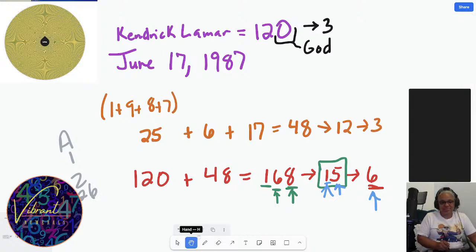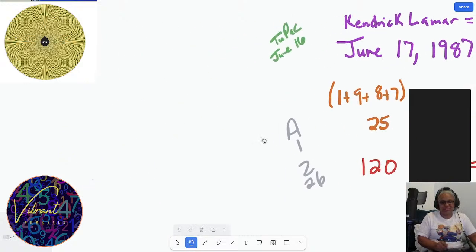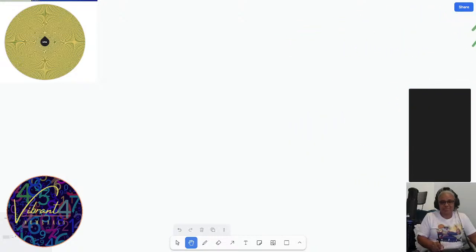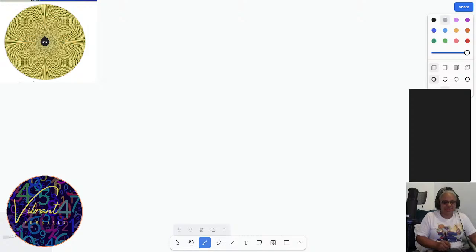All right, so let me get a blank page here and go find the random number generator. It's at least up there on the screen.